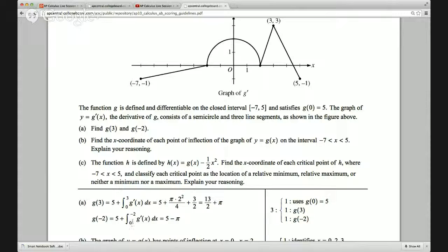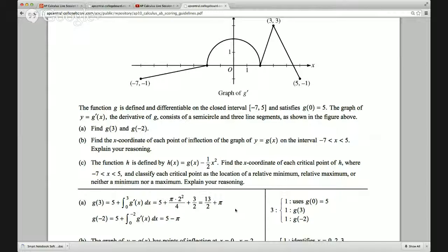Because we went from 0 to negative 2, which means our limits are in the wrong order. Your limits should always go low to high. And if you go high to low, that means you have to take the opposite. So from 0 to negative 2 is negative pi. And then we, of course, have to add our starting point to it. So 5 minus pi.